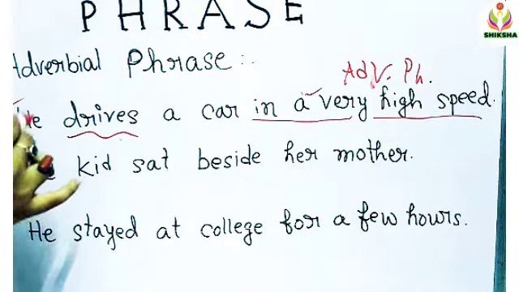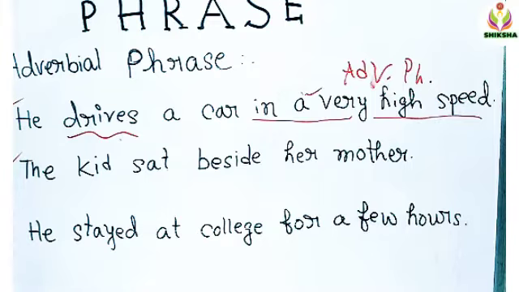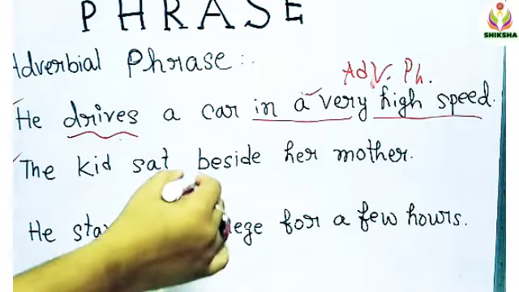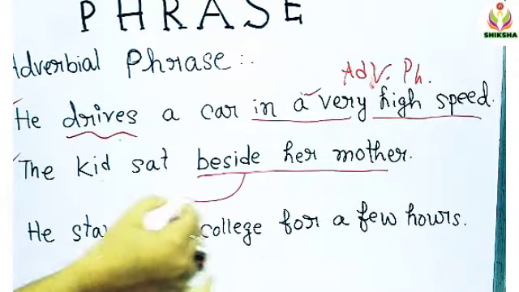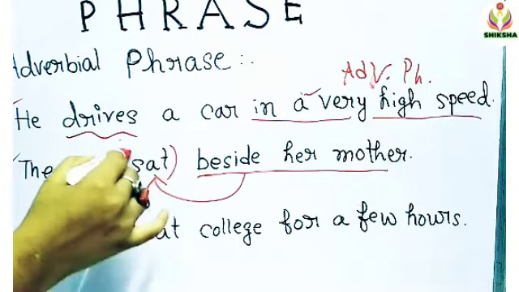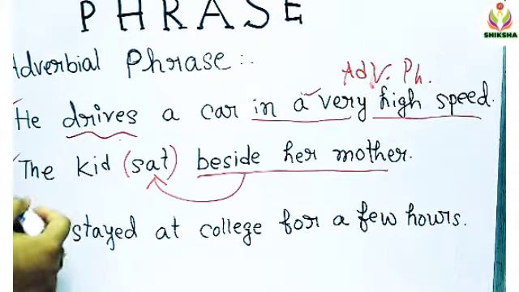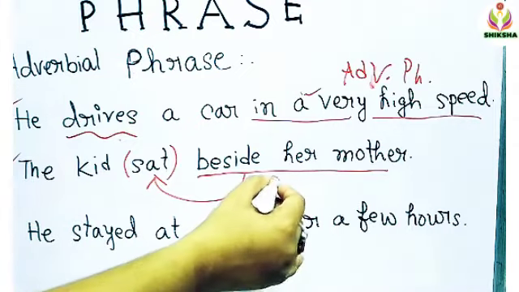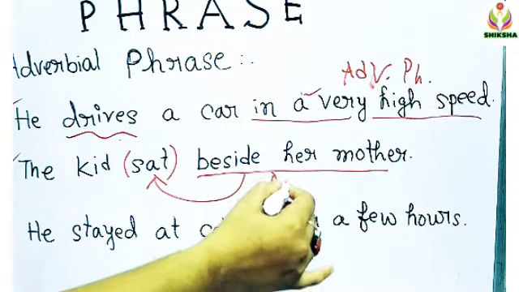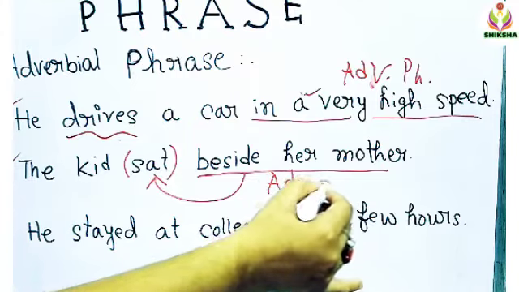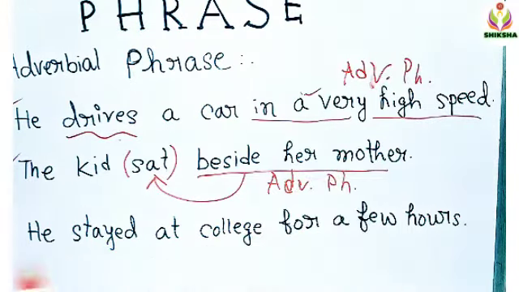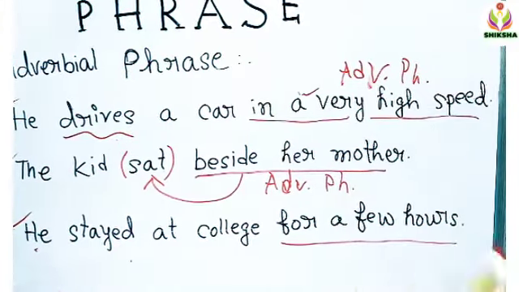In the second example, the kid sat beside her mother. Here the underlined part is describing where the kid sat. So this is an example of adverb of place and it is working here as an adverbial phrase. In the last example, he stayed at college for a few hours.